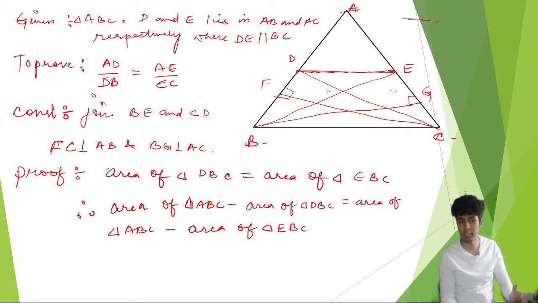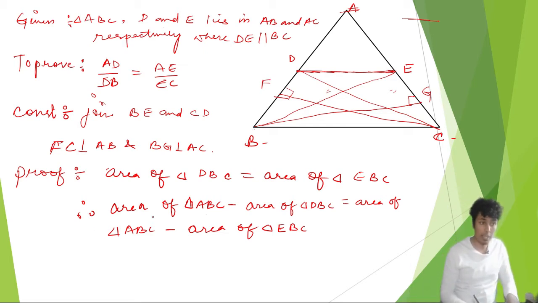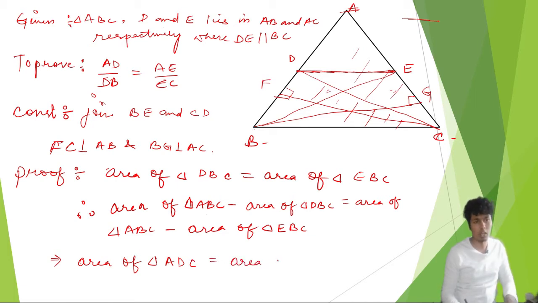Now what are we going to do? From the whole triangle ABC you remove this portion, the area of triangle DBC. What will be left out here? This one, so it will be area of triangle ADC, which will be equal to area of triangle ABC with EBC removed, and then this will be left out.